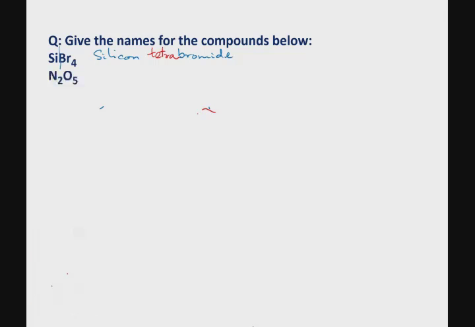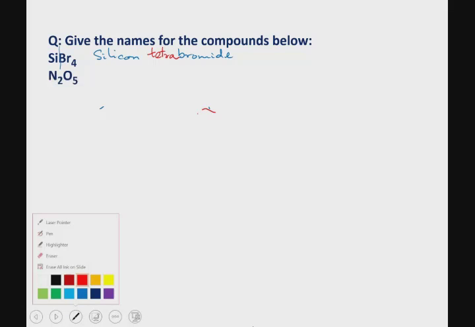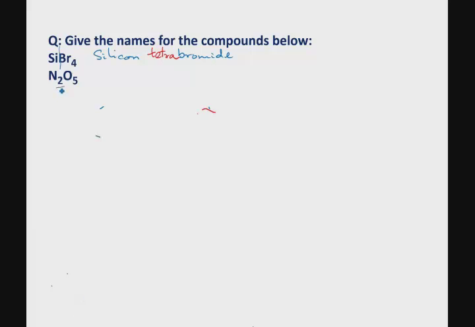Let's look at the next one. Now in this case, the first element is nitrogen, and there are 2 atoms of nitrogen, so we must say dinitrogen, and there are 5 oxygens, so which prefix goes with 5? Pentoxide.